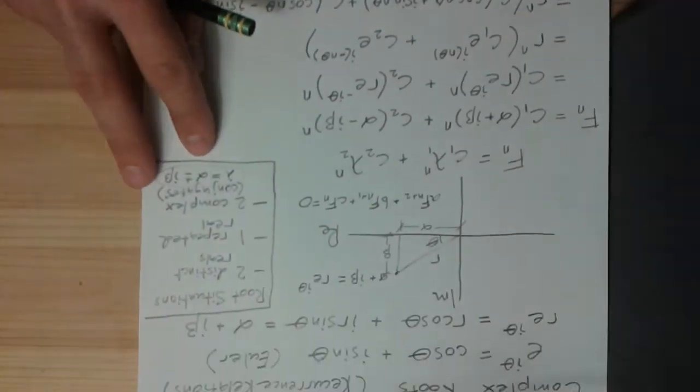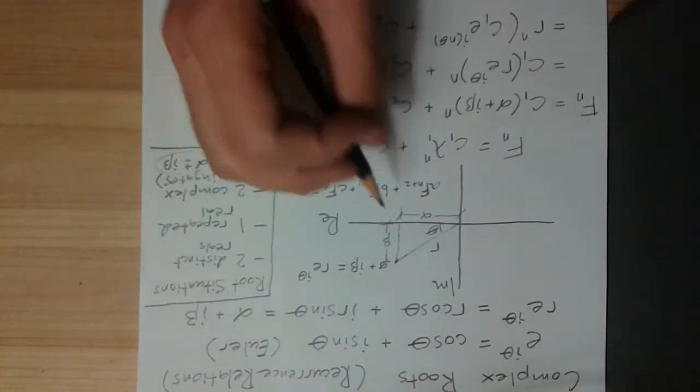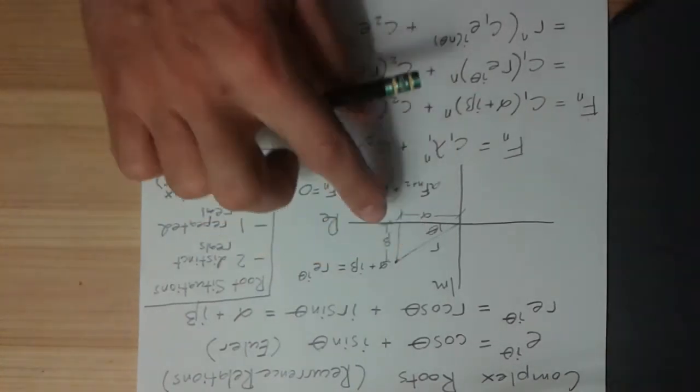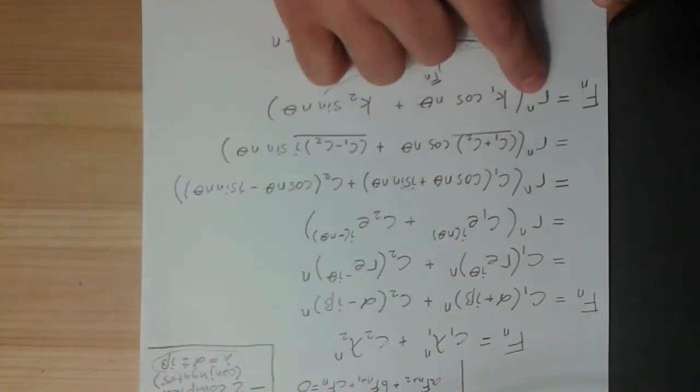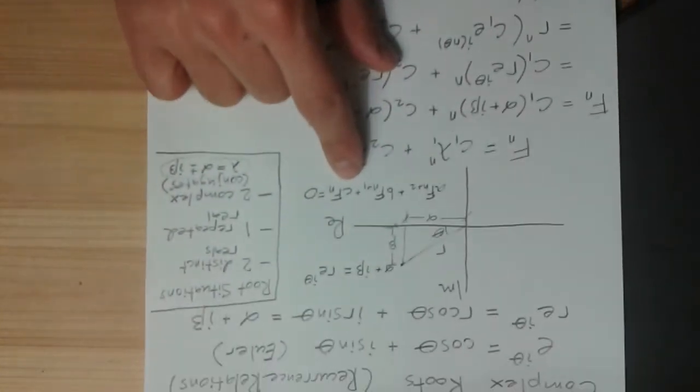So this is kind of weird. The radius here, it looks like with this type of exponential function, if r is between 0 and 1, then that's when you're going to get an exponential decay. And if r is greater than 1, then that's when you have an exponential growth.